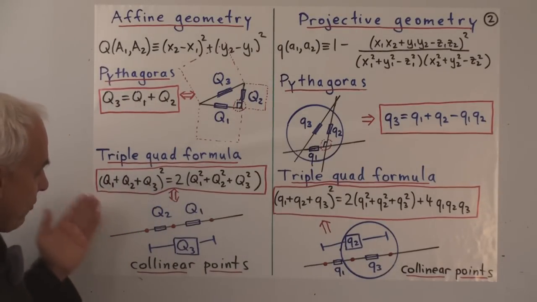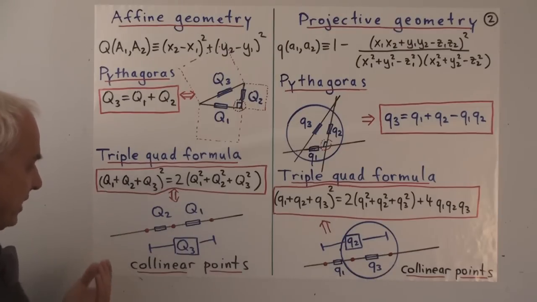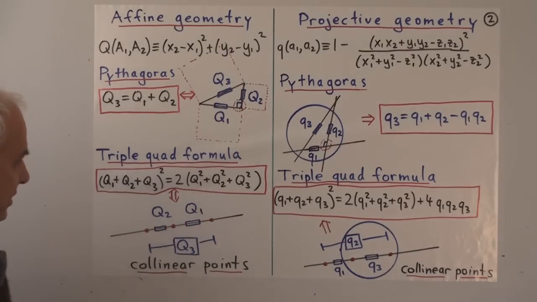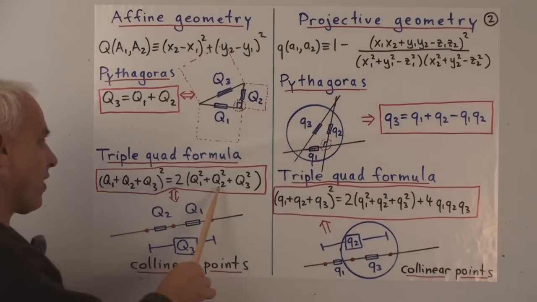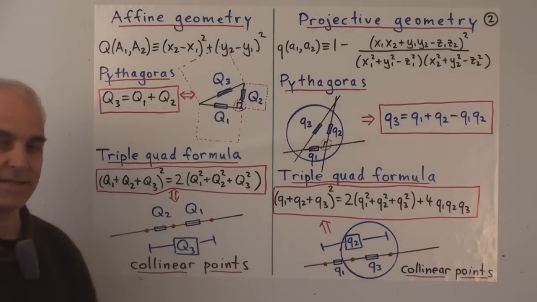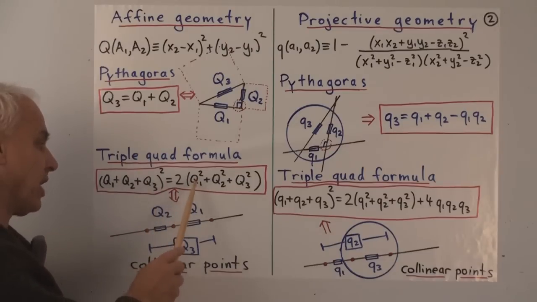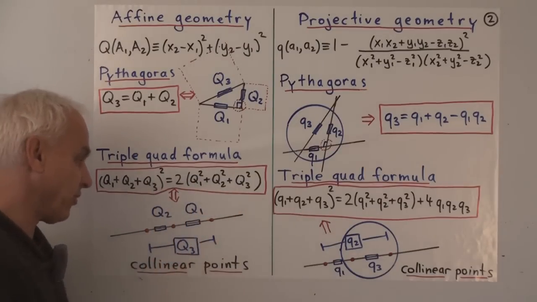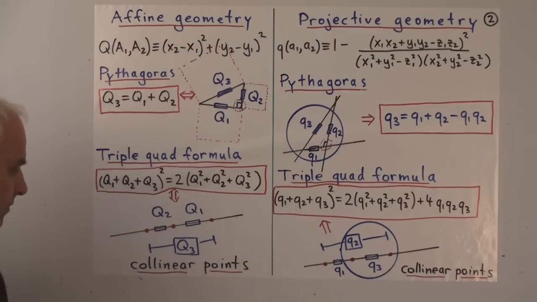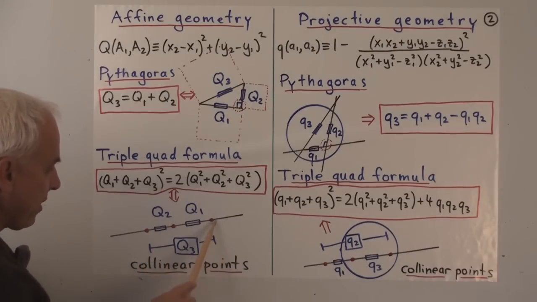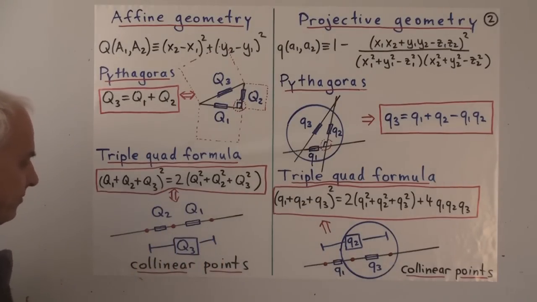Now, in rational trigonometry, there's also, of course, a relation between the 3 quadrances formed by 3 collinear points. And here it is. It's the triple quad formula in the Euclidean setting: (Q1 plus Q2 plus Q3) all squared equals 2 times (Q1 squared plus Q2 squared plus Q3 squared). So it's really the relation between the areas of 3 squares determined by 3 collinear points.